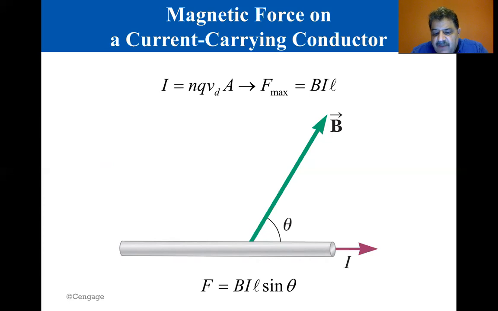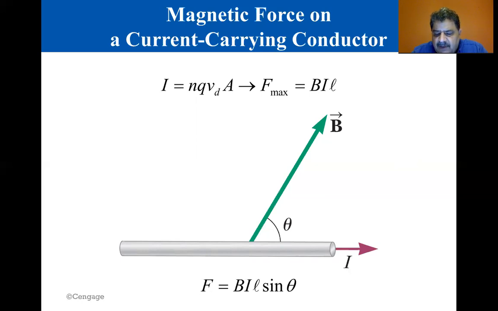In this case, you must place your fingers in the direction of the positive current I rather than the direction of v before curling them in the direction of B. The thumb then points in the direction of the force as before. The current naturally is made up of the charges moving at some velocity, so this really isn't a separate rule. In this figure, the direction of the magnetic force on the wire is out of the page.